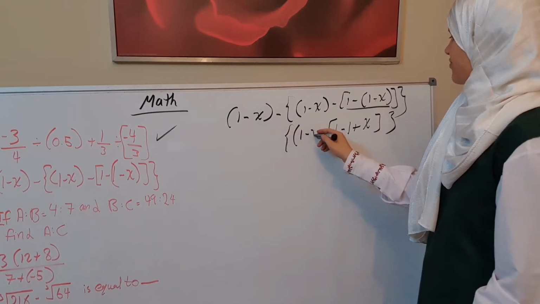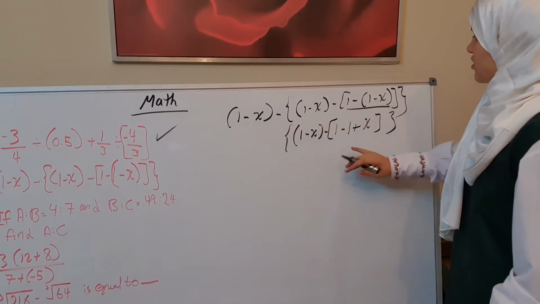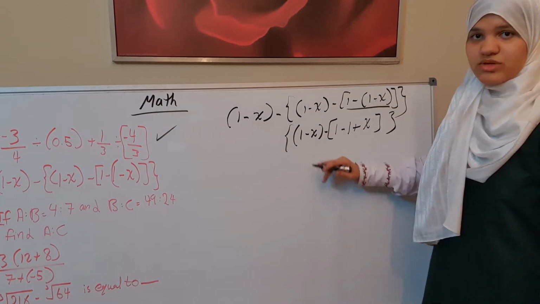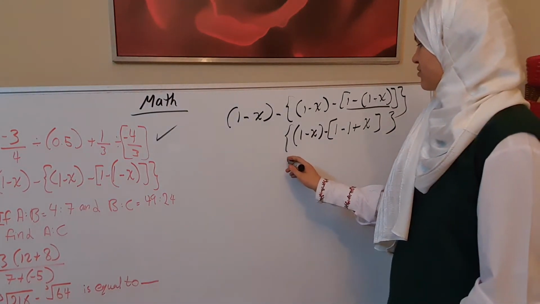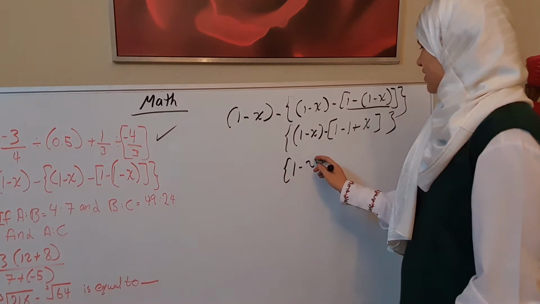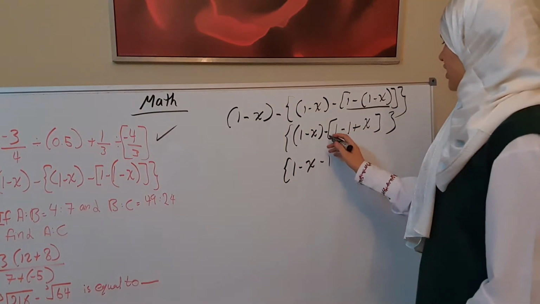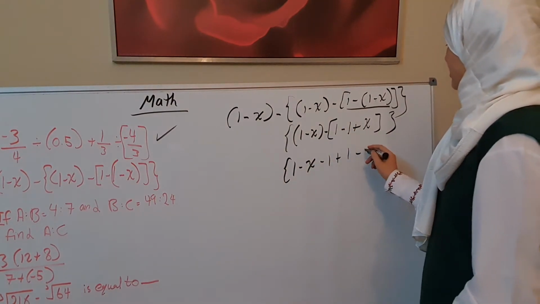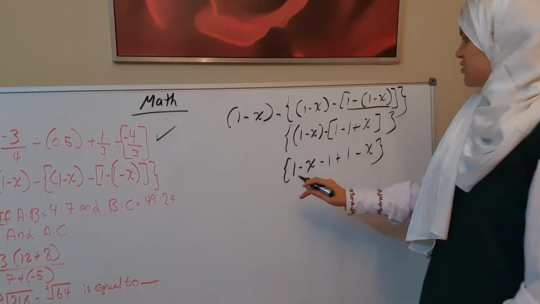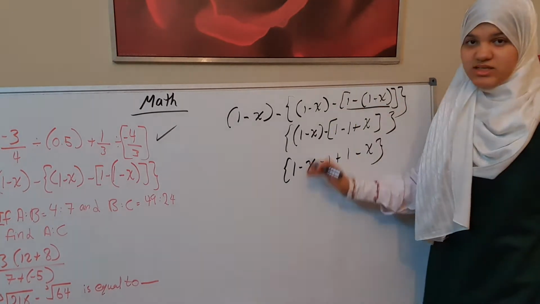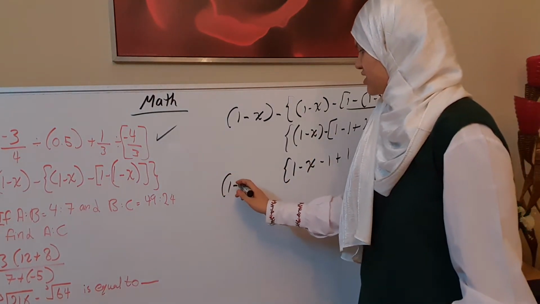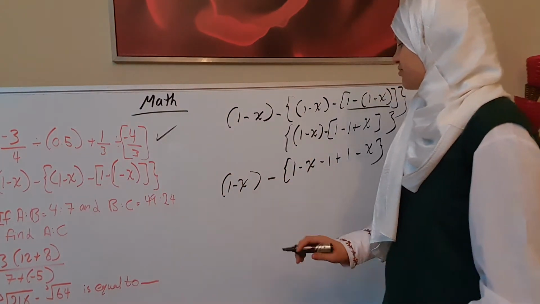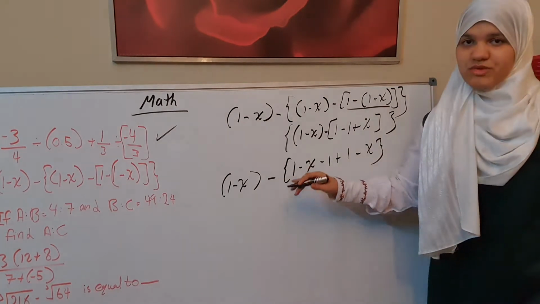Here is the same. Okay, so now continue with the two brackets to solve it. Like here it will be the same. It will be 1 minus x minus 1 plus 1 minus x. So this is the big bracket that we solved here. Now we have another bracket, that's 1 minus x, and negative here between the two brackets.